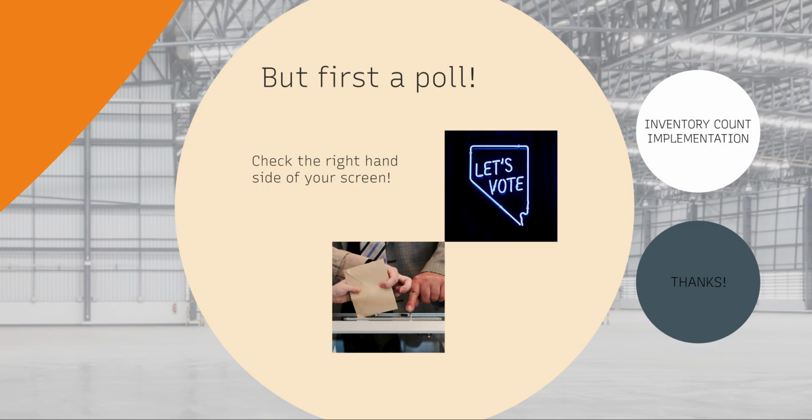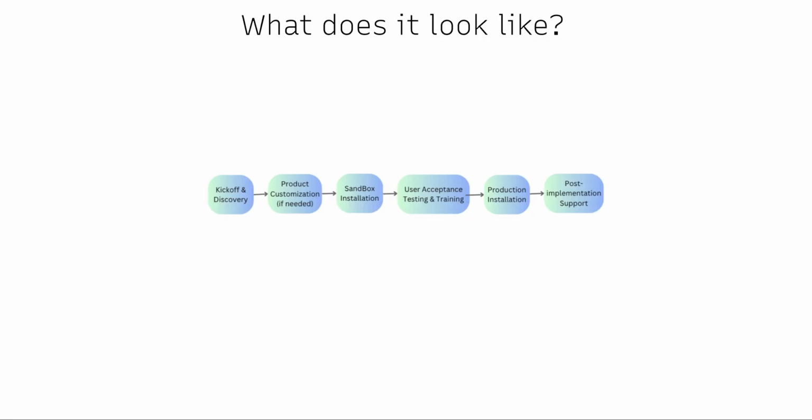Got it. What is the process for implementing inventory count? All right. So now let's look at the process. So it is a standard procedure. We start with kickoff and discovery call where we try to understand the organization's need to see if there is any need for customization, of course. And if there is customization needed, we gather requirements and complete the development of those customizations.